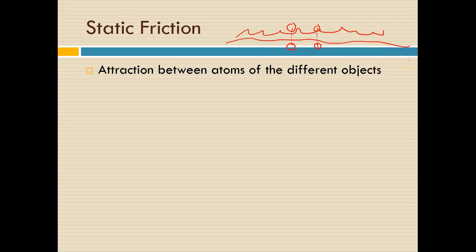So when we start pulling the surfaces apart, we have to break these bonds. And that requires more force than just getting the objects sliding against each other. Once the objects stop moving, the bonds can reestablish, and then we need more force to get it going.